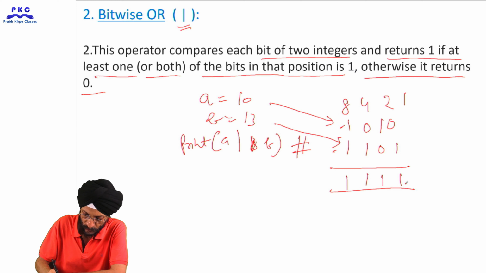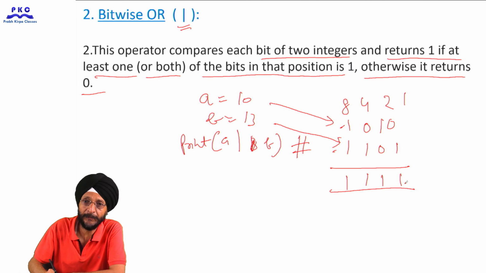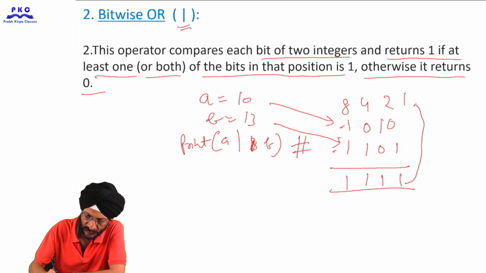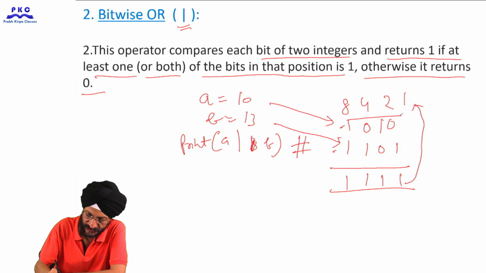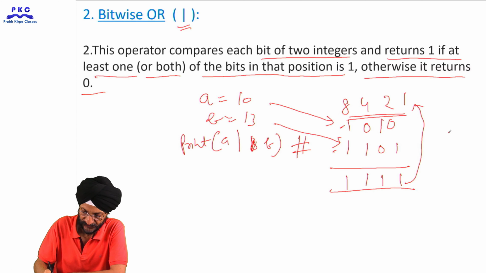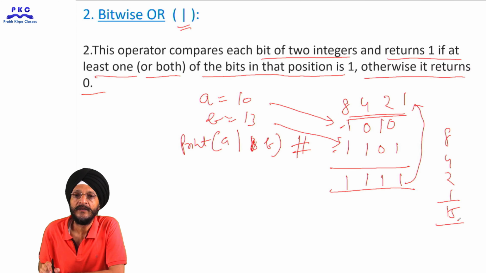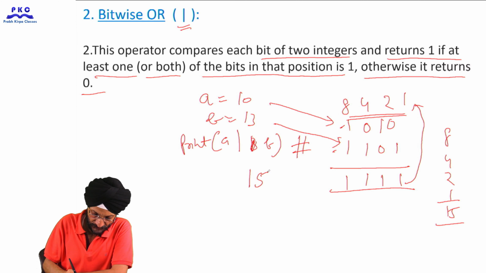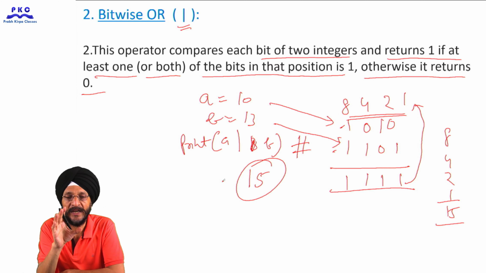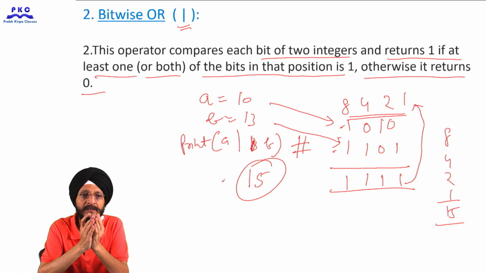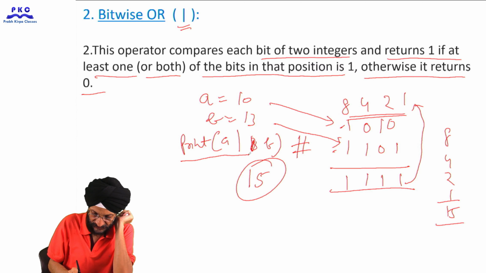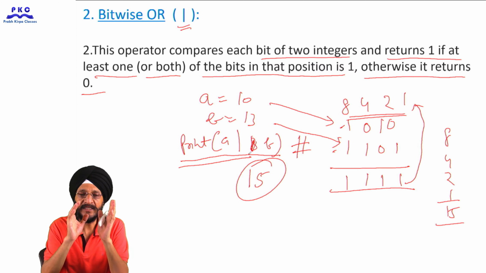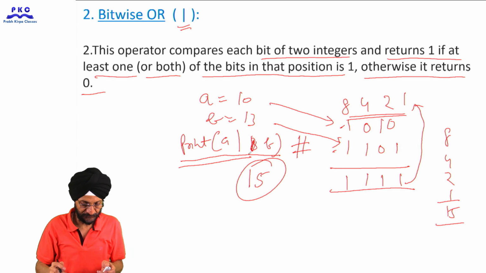Now we will have to convert these binary numbers into the value, 8 plus 4 plus 2 plus 1. So the output will be 15, which the Python interpreter will give.